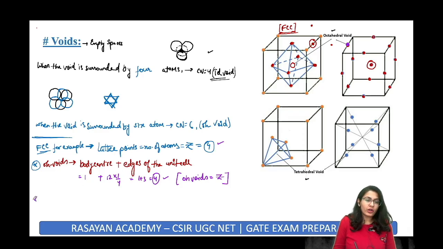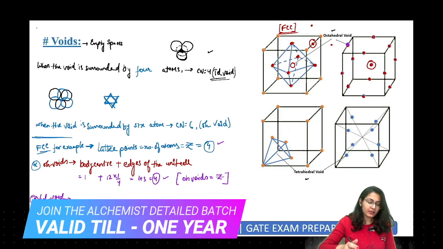Right? Now we move onwards to tetrahedral void. In the tetrahedral void, it's a little bit tricky to explain, but let's see. You have to write this first.